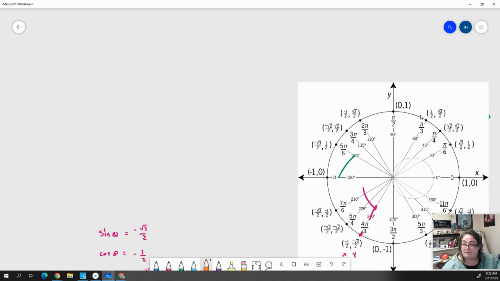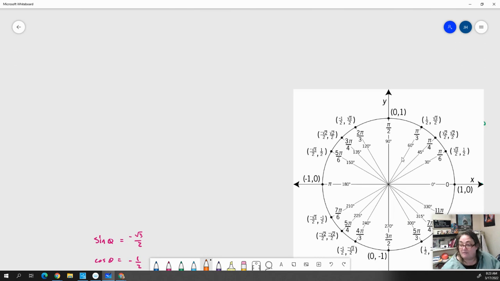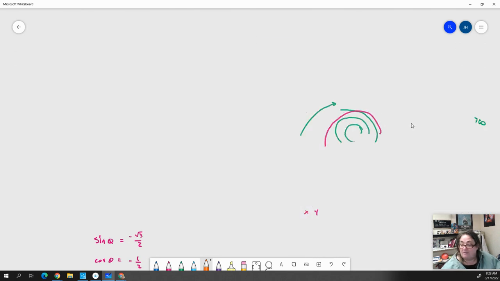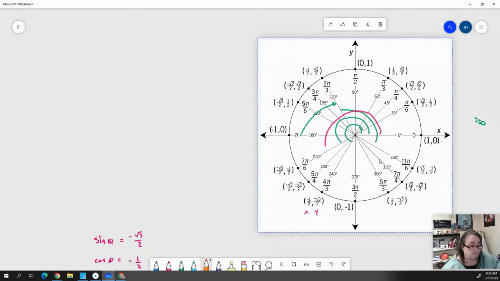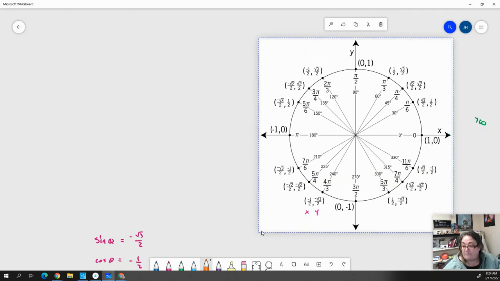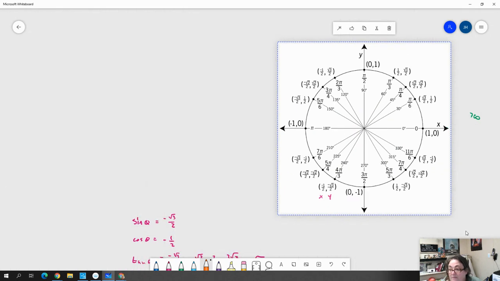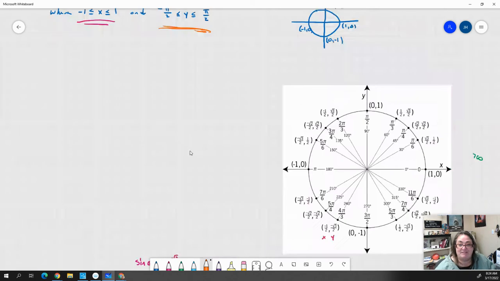So let's erase it so you can see it. I don't think I need it to be quite that large. Just want to make it a little smaller. I can only do it if I make the screen smaller.